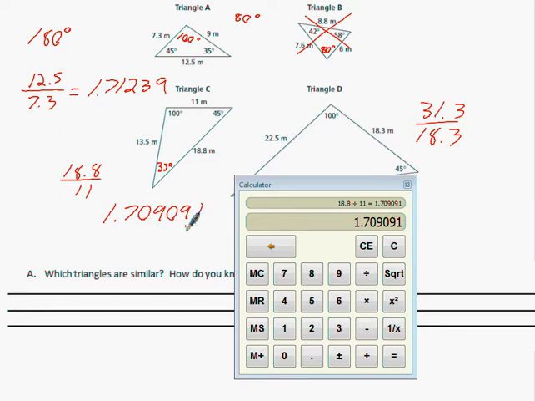That's nasty too. Last one, 31.3 divided by 18.3. 1.710383. Now, these are all 3 pretty nasty decimals, and they're also not all the same.